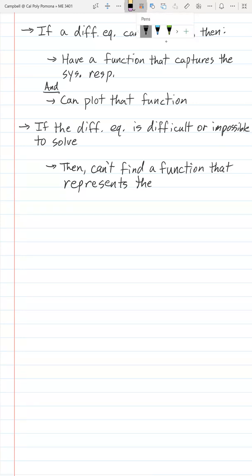And we can see that there are some cases where we really probably wouldn't want to try to find an actual expression for the system response.